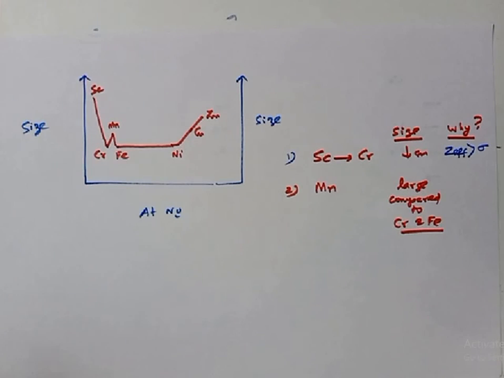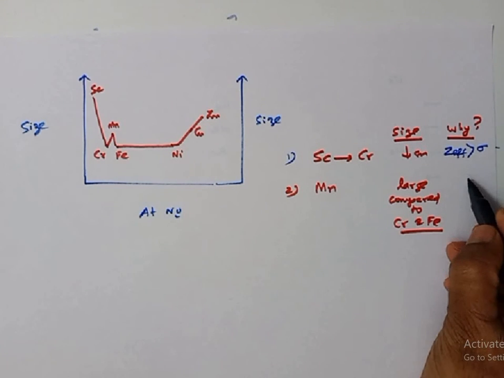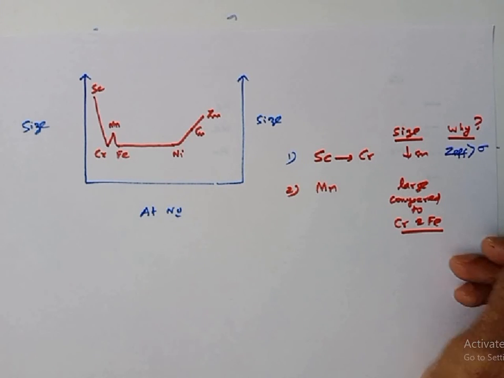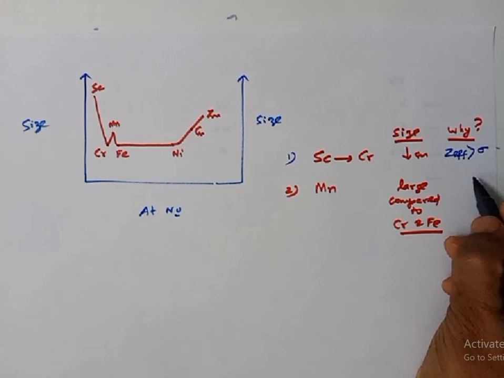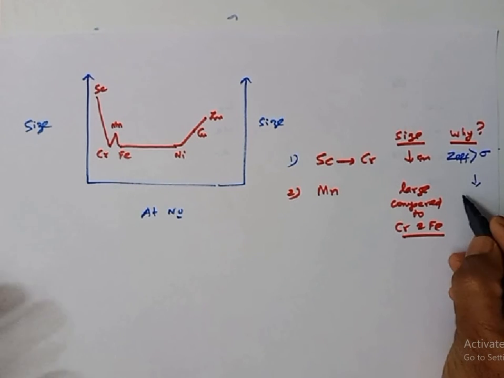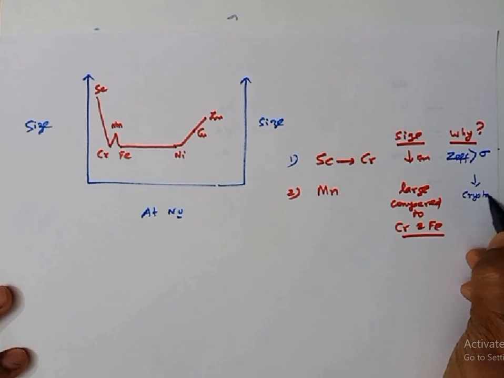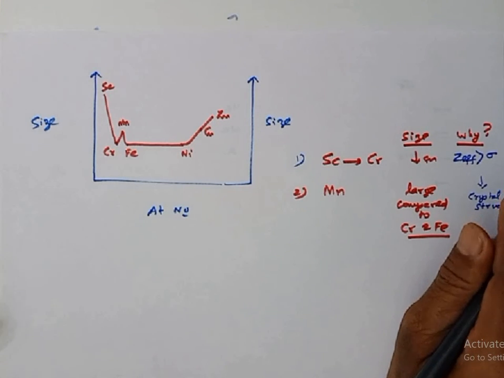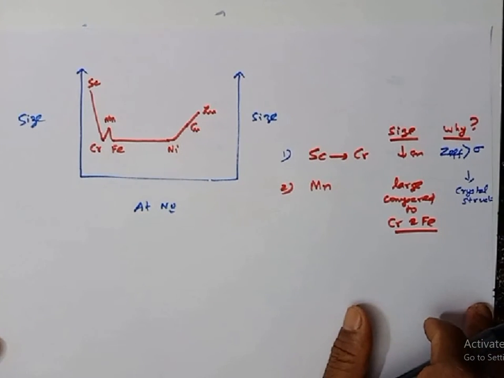What is the reason? Due to the typical metallic structure or typical crystal structure of manganese. Take down: due to the typical crystal structure of manganese. You just give this answer, it is sufficient.